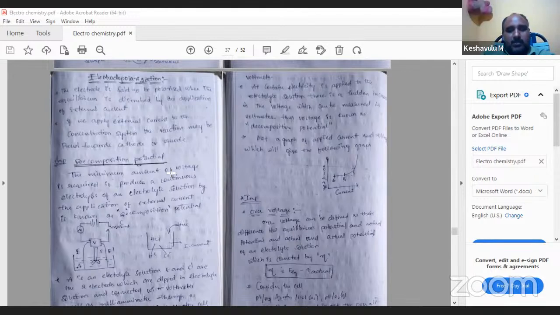With respect to that, we can find out the concentration of any electrolyte solution that may participate in acid-base titrations, redox titrations, or precipitation titrations.